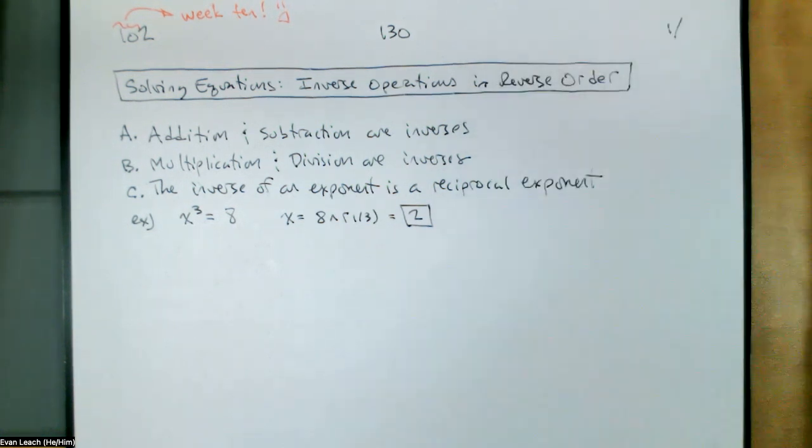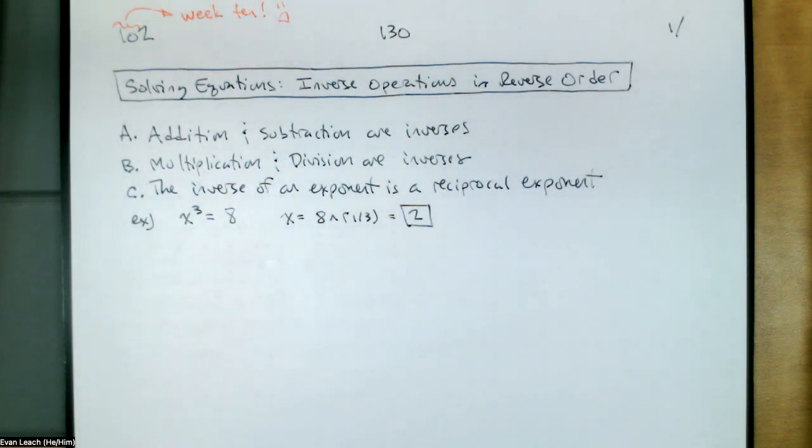So, some variations on this theme. The inverse of an exponent is a reciprocal exponent. Variation 1. Radicals are fraction exponents.